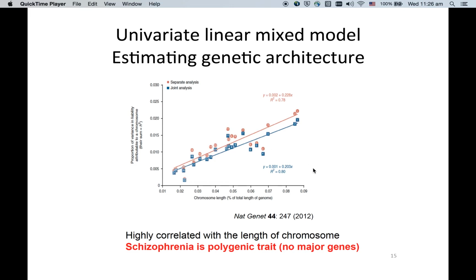So this shows that schizophrenia is a highly polygenic trait with no major genes. There is no deviation from the expectation. But what I would like to point out is that with the novel approach and novel design, it is possible to partition each chromosome's genetic variance or heritability across the genome. However, this kind of analysis has never been possible using traditional design or traditional approach.